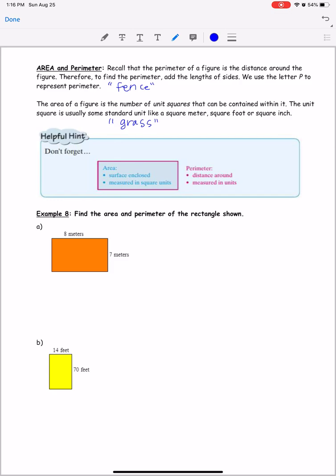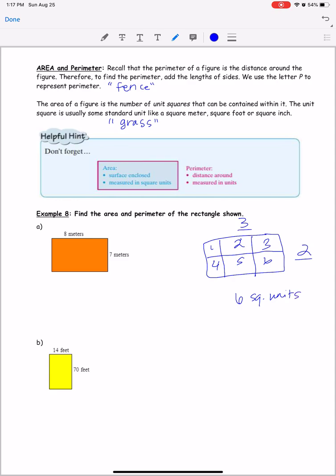That is like if I have a rectangle that is 2 by 3. That means you have 2 units going one way, 3 units going another way. How many squares do you have? You've got 1, 2, 3, 4, 5, 6. And so that's why this area here is 6 square units.